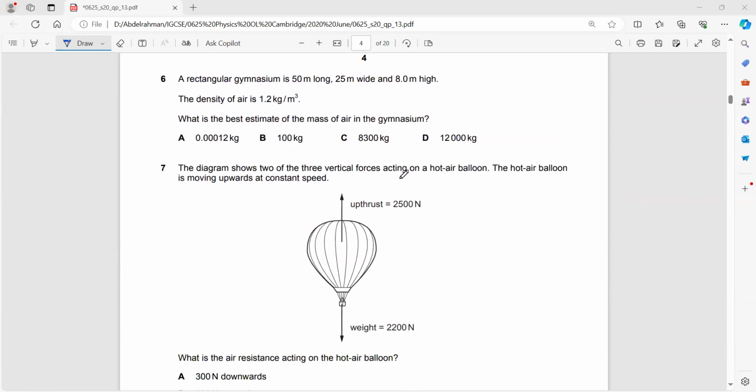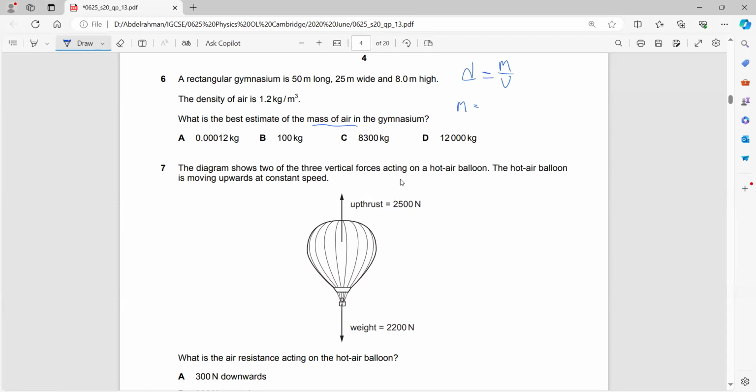A rectangular gymnasium is 50 meters long, 25 meters wide, 8 meters high. The density of the air is 1.2 kilograms per cubic meter. What is the best estimate of the mass of air? How can I find the mass? Density equals mass over volume.